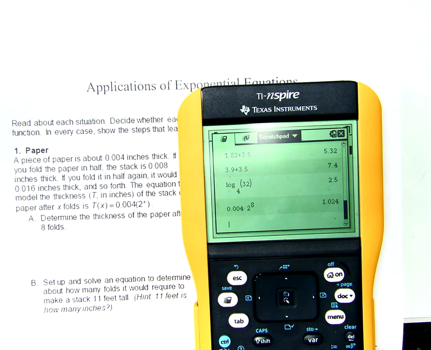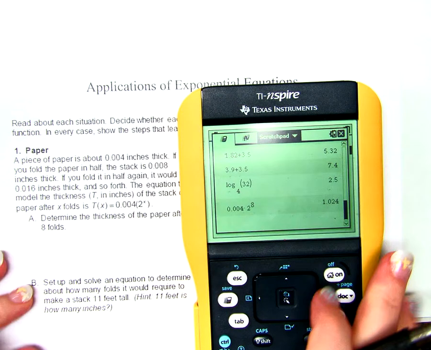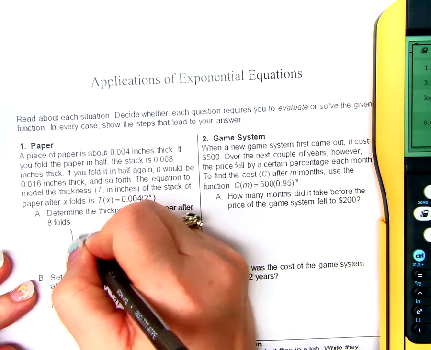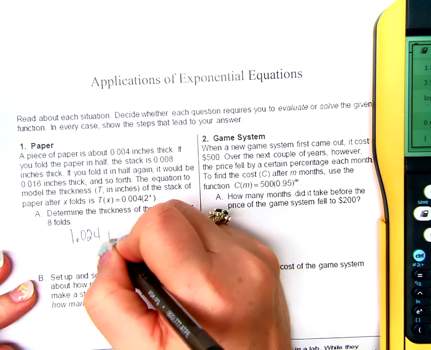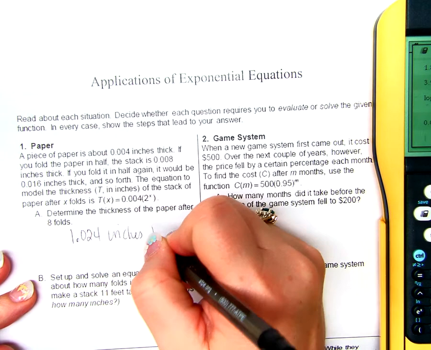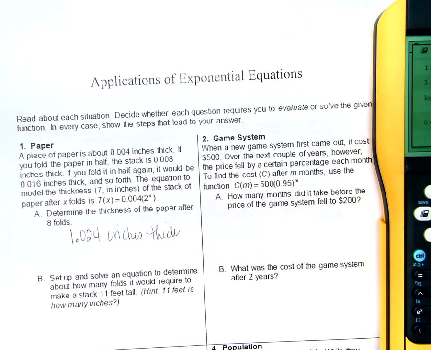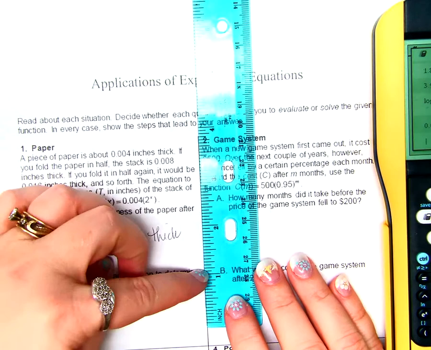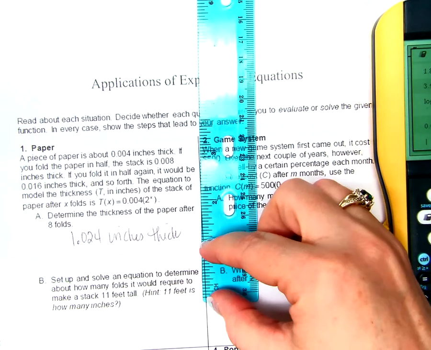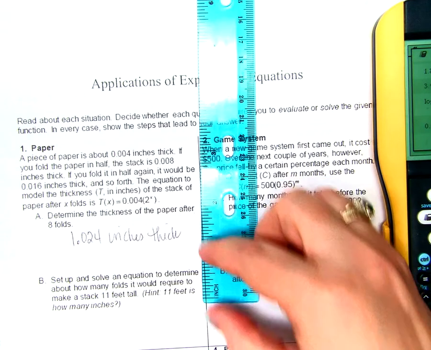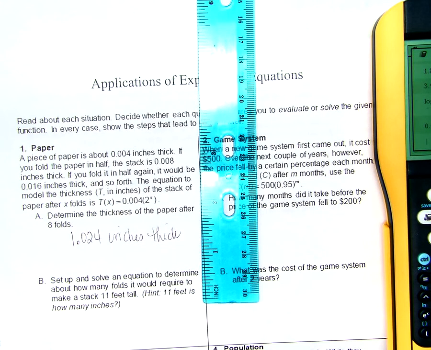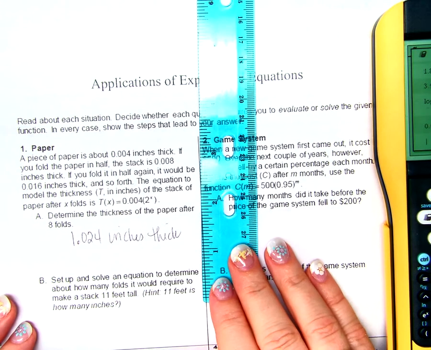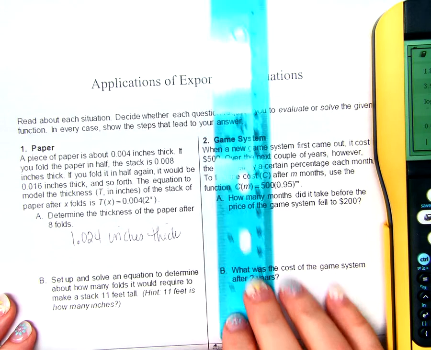Well, what does that mean? 1.024 inches thick? Like that thick? Mm-hmm. Yeah. Kind of crazy, huh?